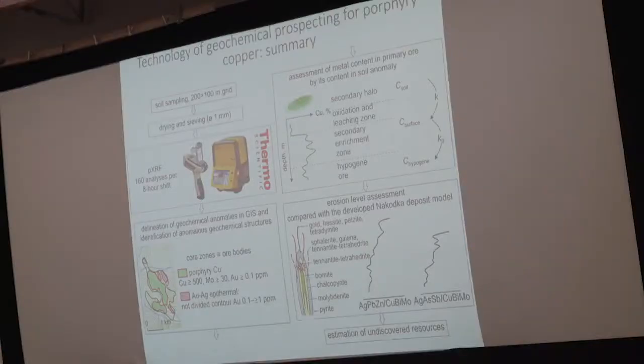And here's my last slide, summarizing technology of geochemical prospecting of porphyry copper with the use of portable XRF. I'll repeat it briefly. We collect samples within an optimal grid of 200 by 100 meters. After simple sample preparation comprised of drying and sieving of the material, we run the XRF.